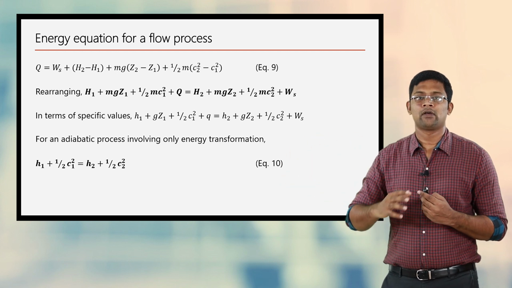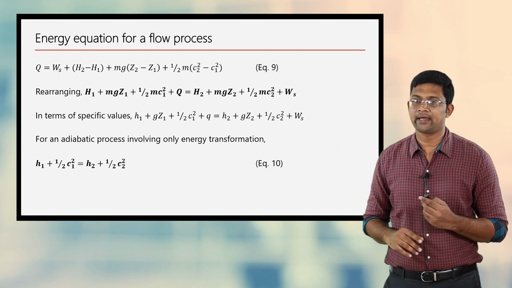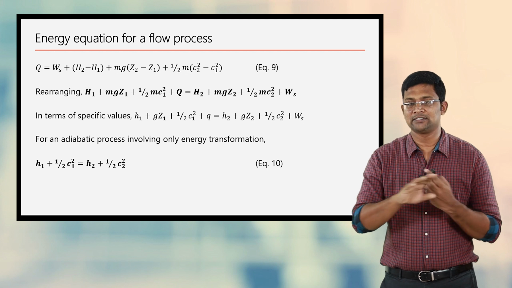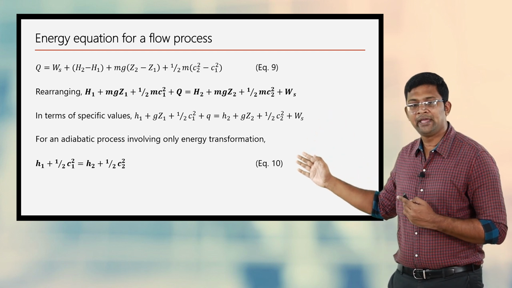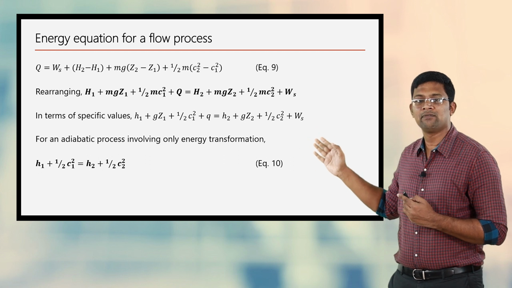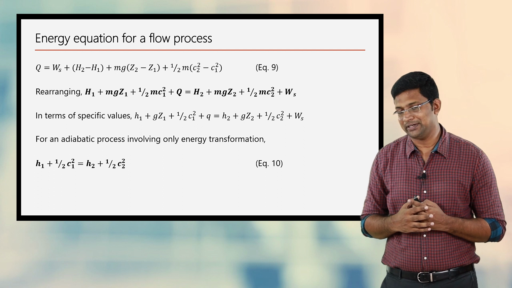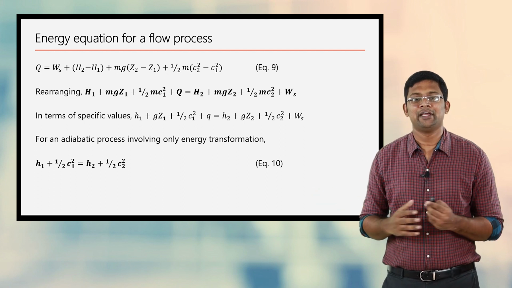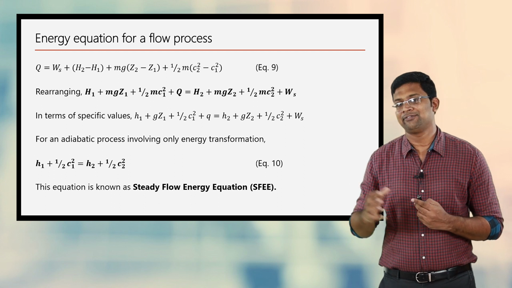Ws can be neglected because there is only energy transfer, no work transfer, and the term q can be neglected because in an adiabatic process there is no heat transfer. So, the expression for an adiabatic process will be h1 plus half c1 square is equal to h2 plus half c2 square. And this expression is known as the steady flow energy equation or SFEE.